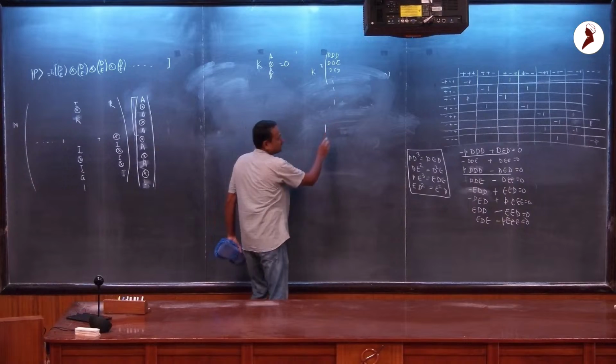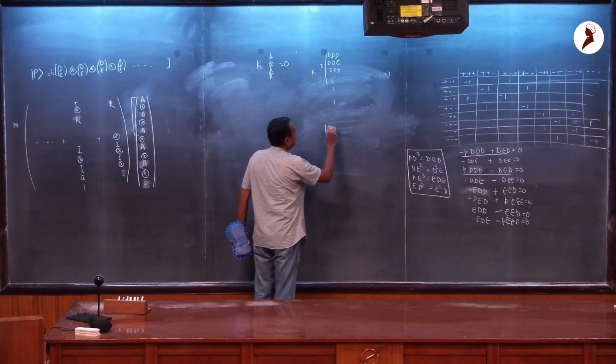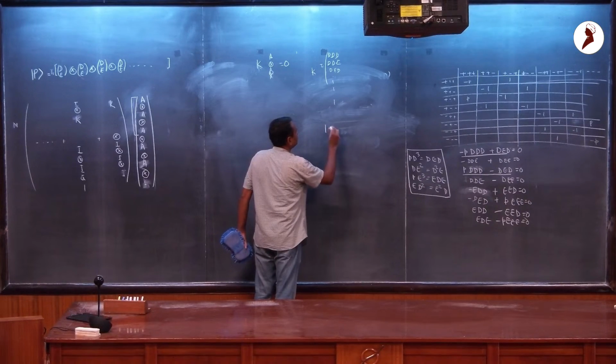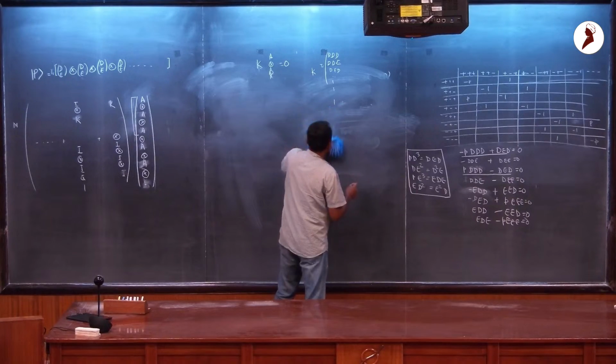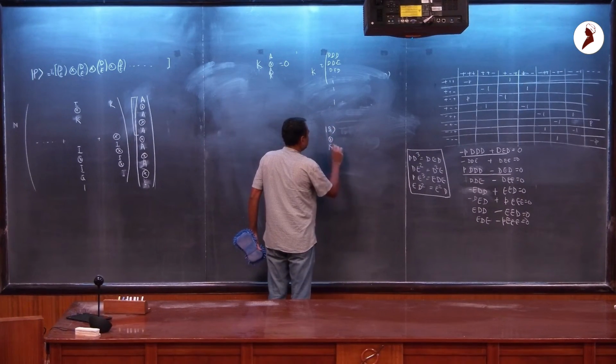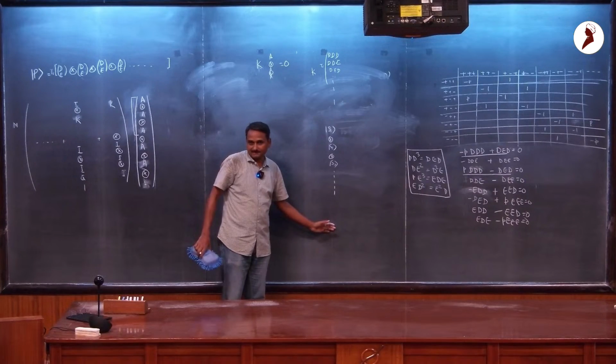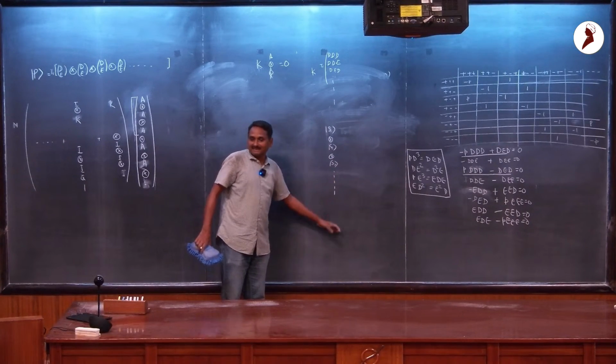So you have a vector here, you are calling it plus or minus, whatever it is. I call it S1. S1 can be any vector, cross S2, cross S3, like that. This is the direct product in the spin space.